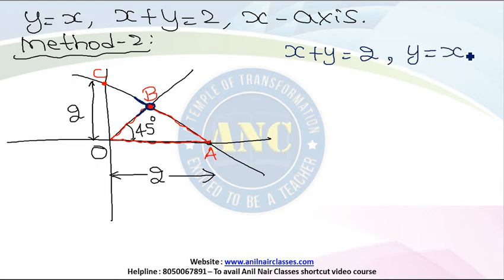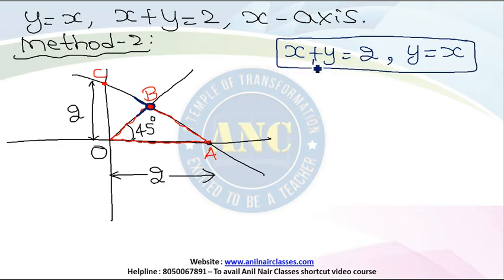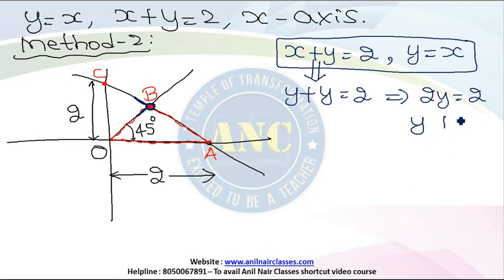If I want to find the point of intersection of any two lines, then I should solve those two line equations. That means substitute x is equal to y in this case. So this becomes y plus y is equal to 2. It is 2y is equal to 2. So the y value will be equal to 1. And x is equal to y, so the x value will also be equal to 1. That means, can I say that the coordinates of point B are 1 comma 1.